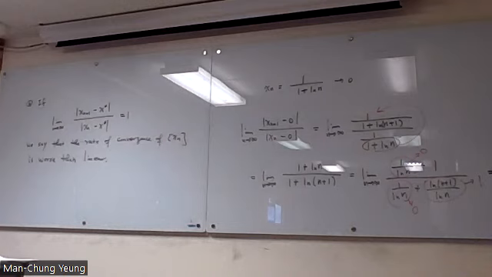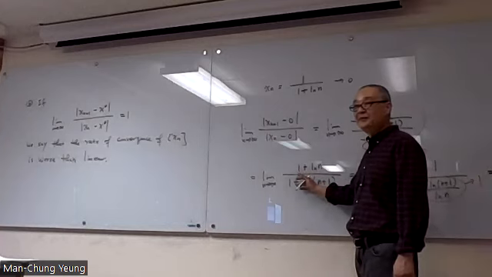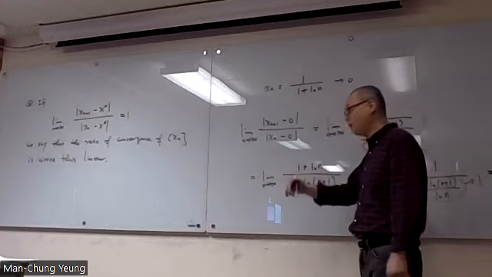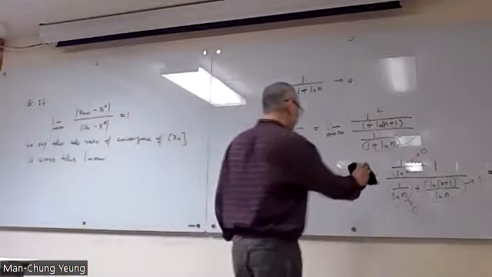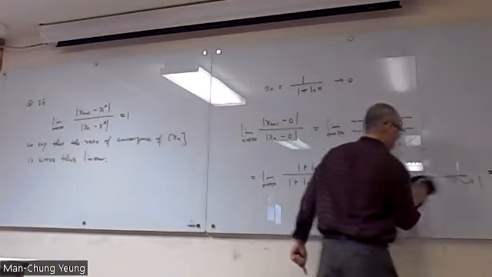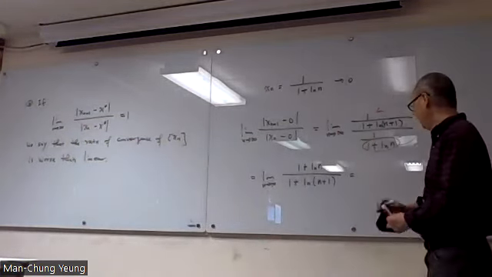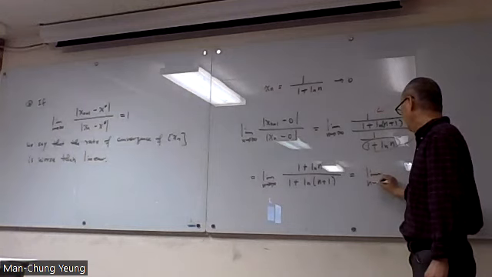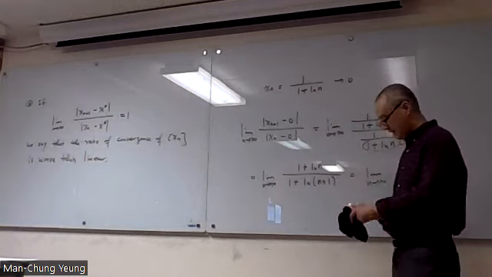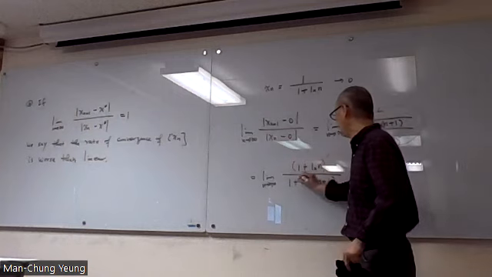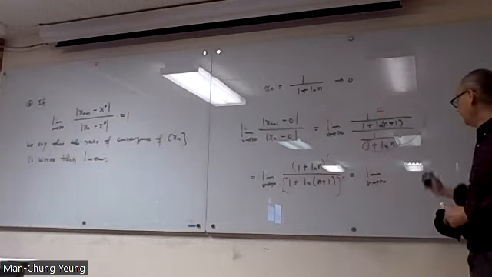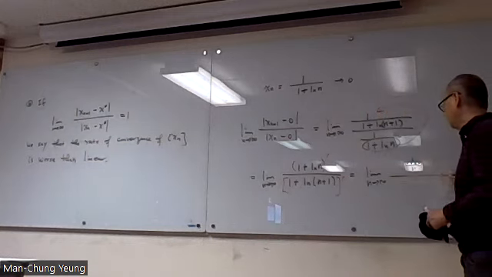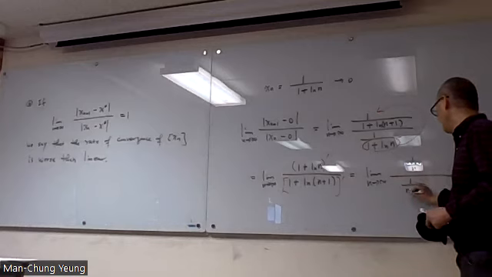L'Hopital's rule is better, actually. Actually, in my notes I use L'Hopital's rule. Take the derivative with respect to n. Then the top is 1 over n, and the bottom is 1 over n plus 1.